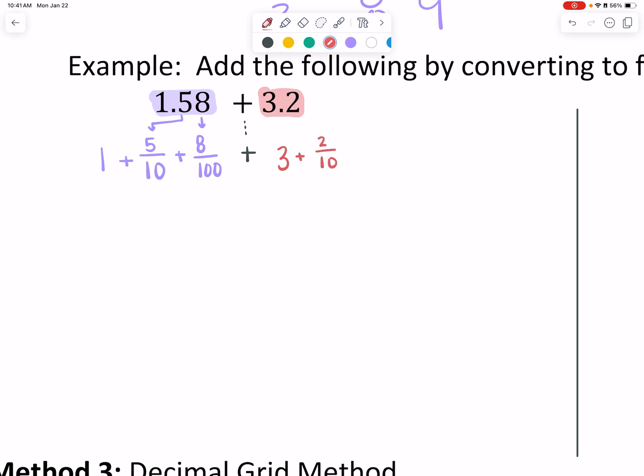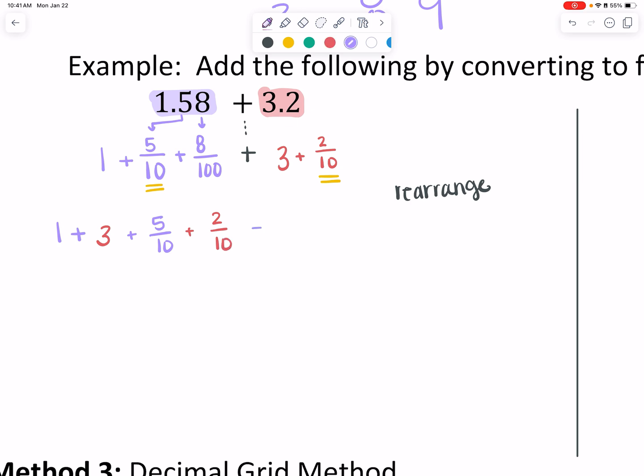Now I'm going to do some rearranging. So I'm going to rearrange so that I put all the common bases together. Well, in this case, I'm going to put the whole numbers 1 plus the 3. So I'm going to move those up to the front. I'm going to put the tenths together, 5 tenths and 2 tenths.